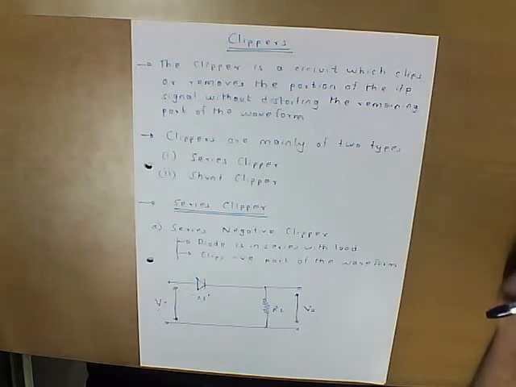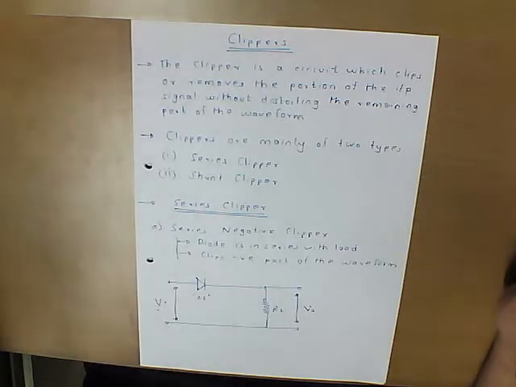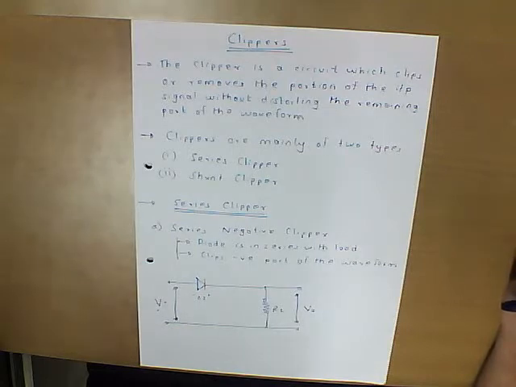So clipping action is required in various operations in electronic circuits. So we may have to clip the positive part of the signal, we may have to clip the negative part of the signal, we may have to clip the waveform in a certain way and so on, and there is actually no end to the clipper.